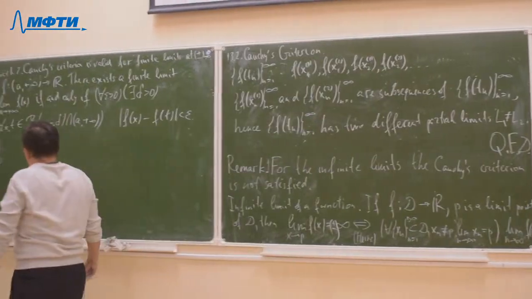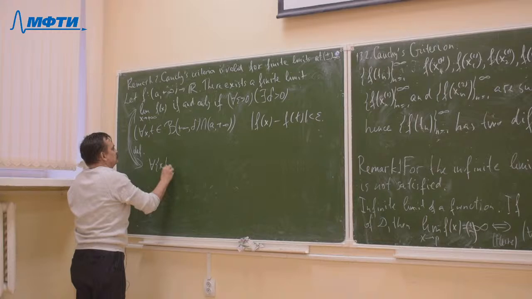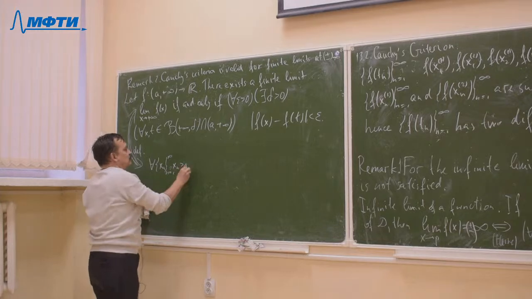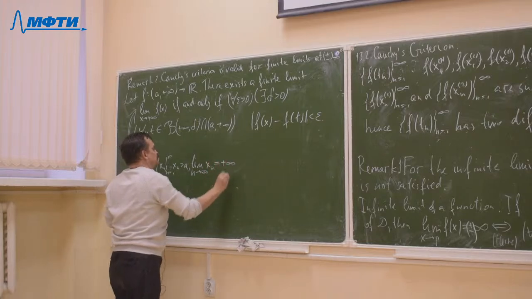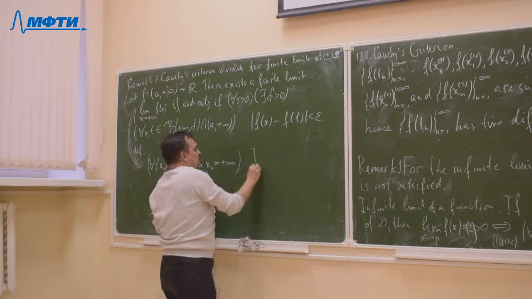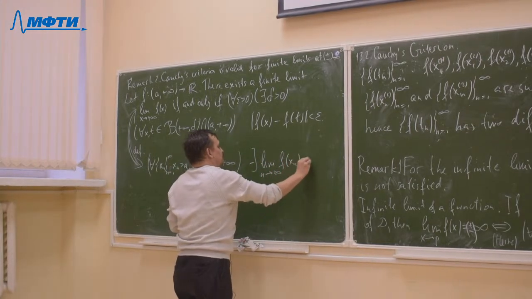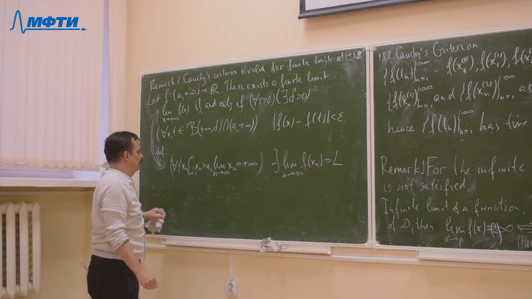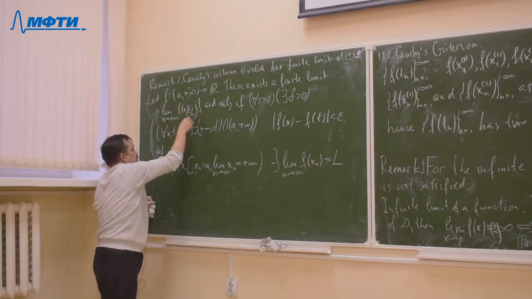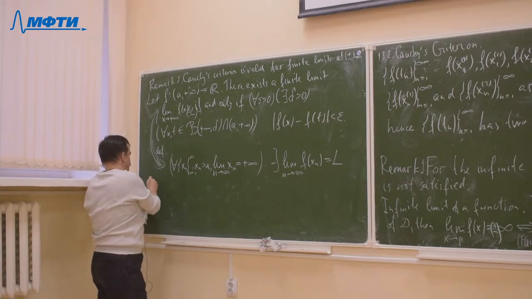For an arbitrary x_n greater than a with limit of x_n equals plus infinity, there exists a limit of f of x_n equals L. So this is L. That is Heine.